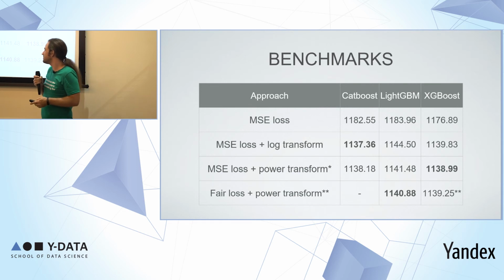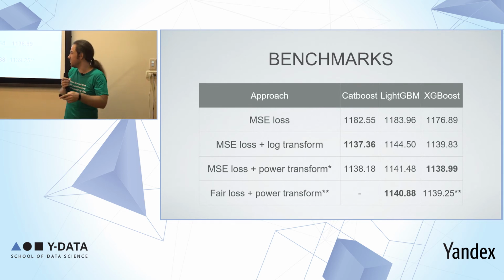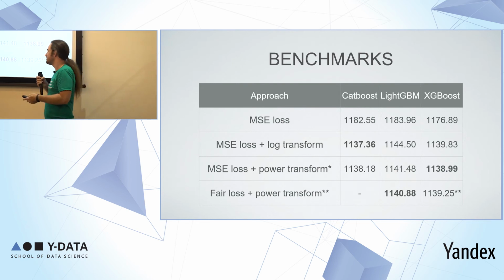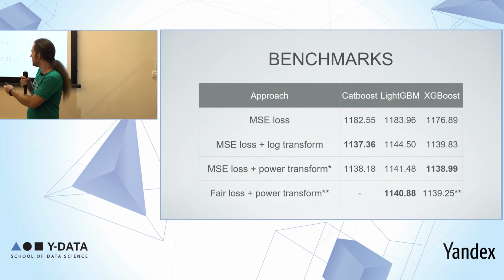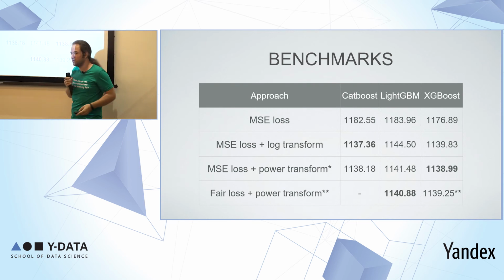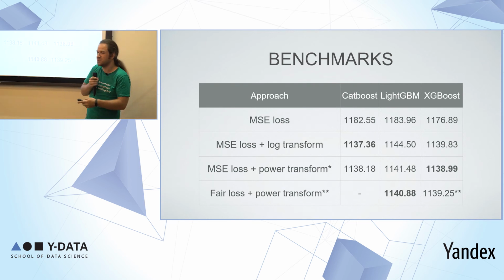So in some sense, the log transformation and power transformation are similar, with a similar shape. And also, the last row is specifically from the third place of this competition, who said that this combination was his best single model result. So I tried to add this also.